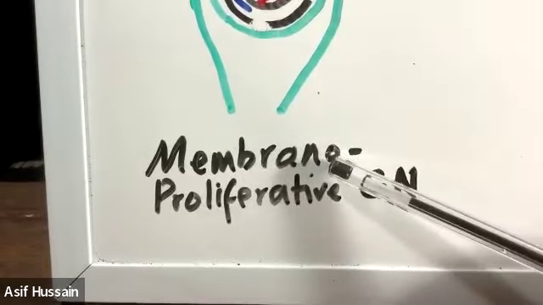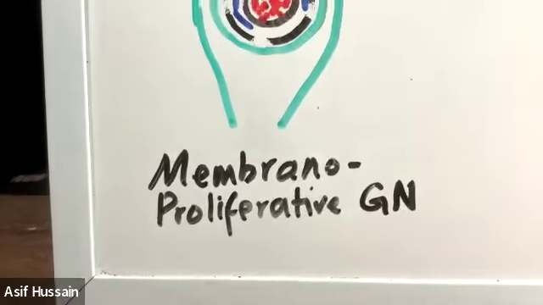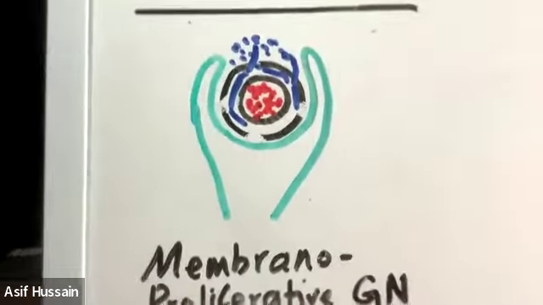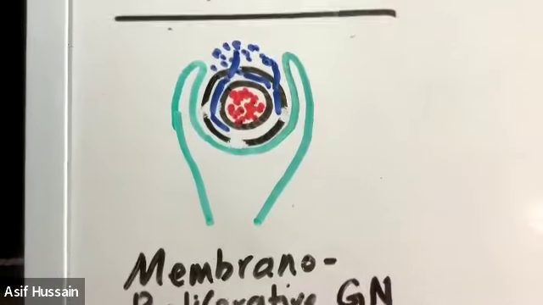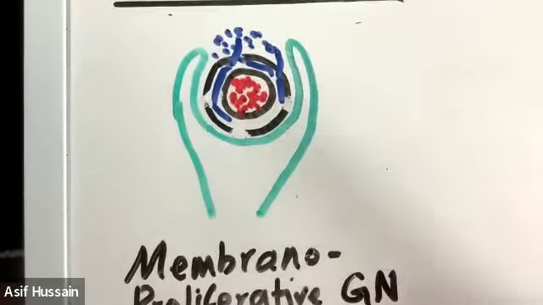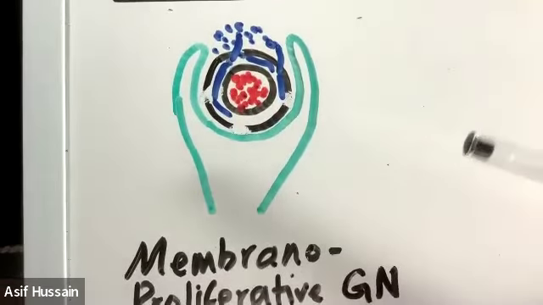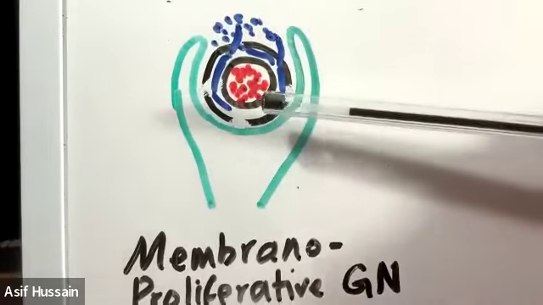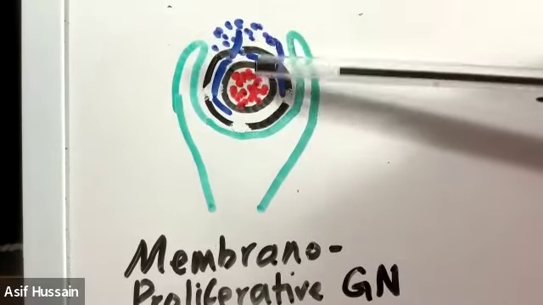The collagen in the basal membrane will disperse, plus the mesangium and the capillary endothelium will also proliferate. This is the only proliferative GN in which both these phenomena are happening together: the splitting of the basal membrane and the proliferation of the endothelium and the mesangium.